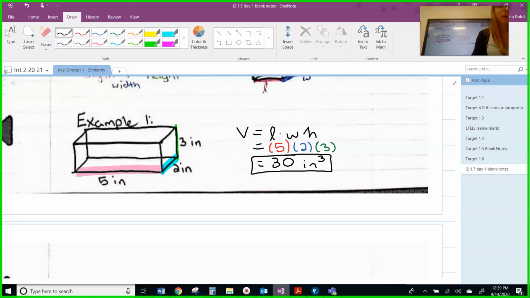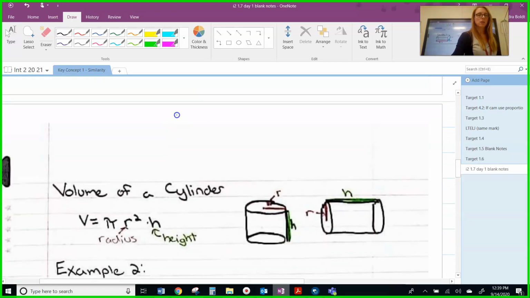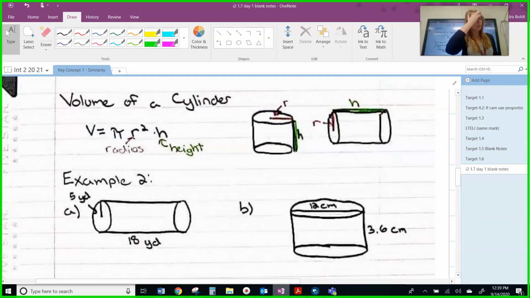All right, let's look at our next thing. Our next thing is the volume of a cylinder. A cylinder is like a can. The volume of a cylinder is volume equals pi r squared times h. So we have a radius and our height.